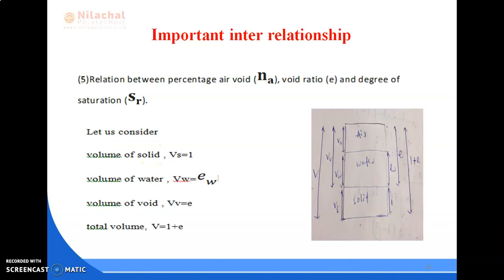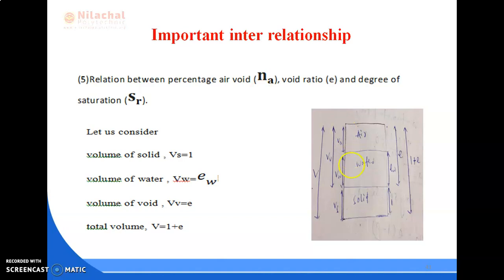Next relationship: the relation between percentage air void, notation Na, void ratio E, and degree of saturation SR. So we have to find the relationship between Na, E and SR. First duty is to draw the three-phase diagram, same as the previous one.